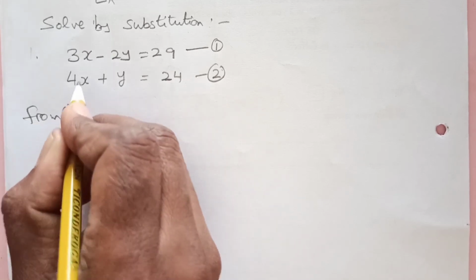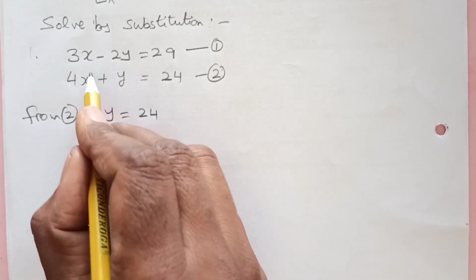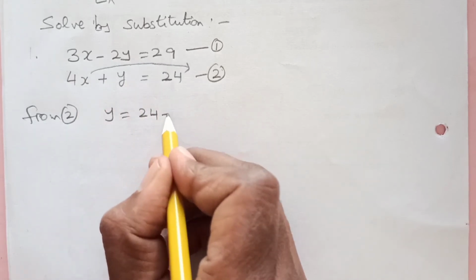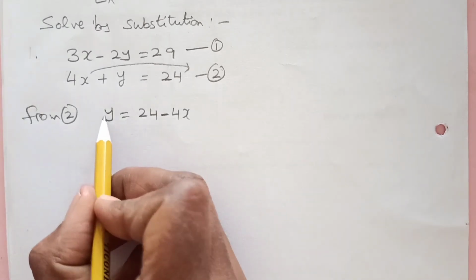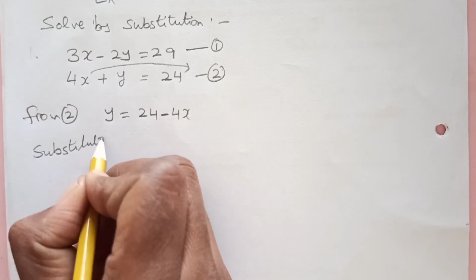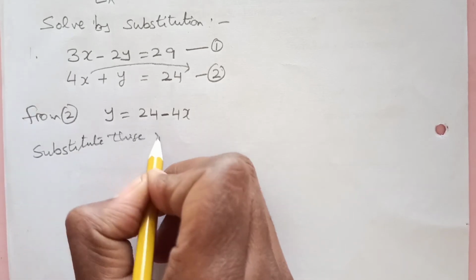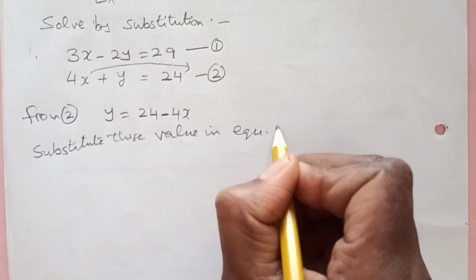From 2, what do we have? We have y equals 24 minus 4x, if I shift 4x to the other side, right? Now we can substitute this value in equation 1, right?